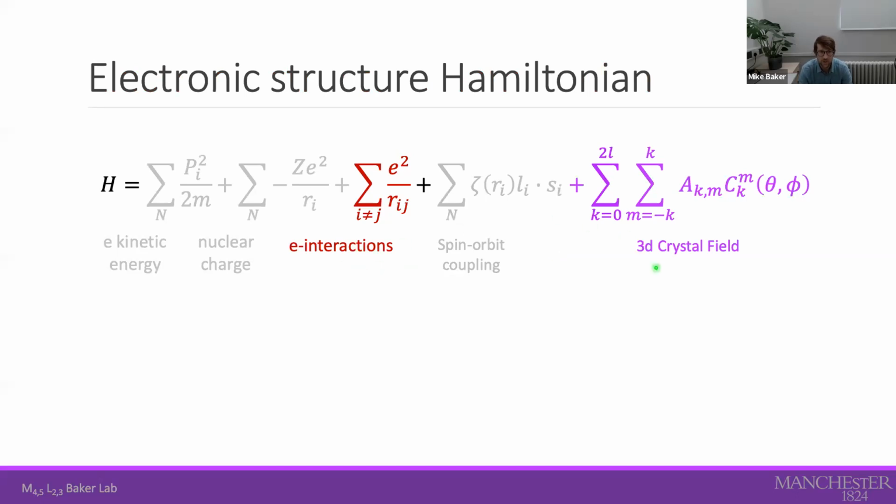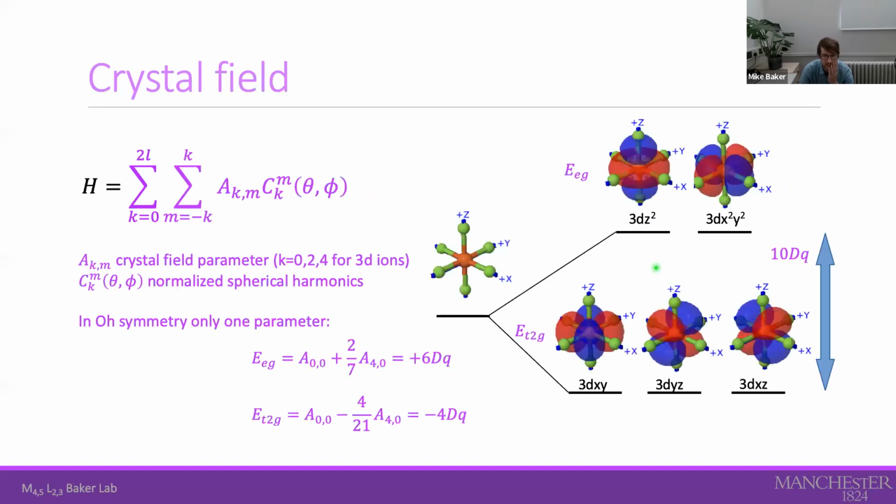Finally, the crystal field part, which I covered a moment ago. This is an expansion on normalized spherical harmonics, and we have a crystal field parameter, which can be written as A_km. However, for octahedral symmetry, the A_km values are all 0, except for A00 and A40.